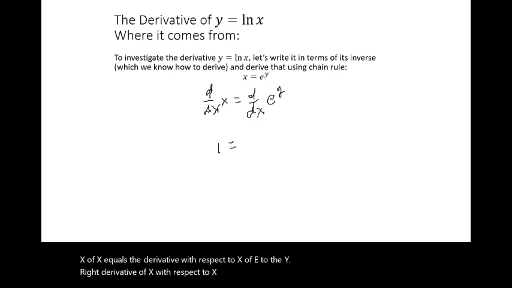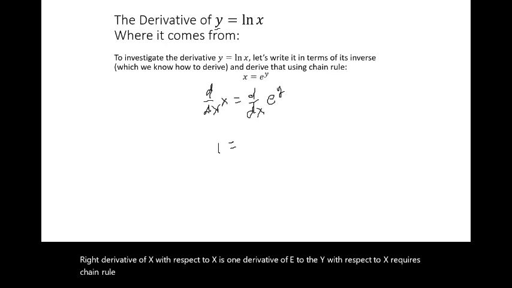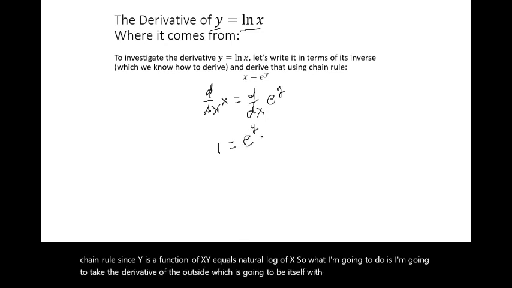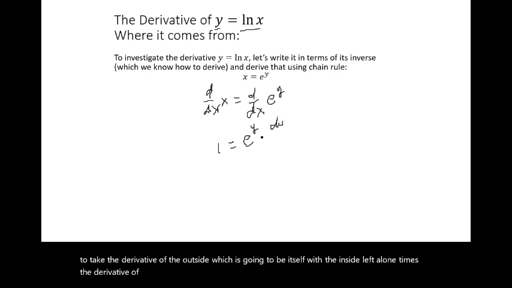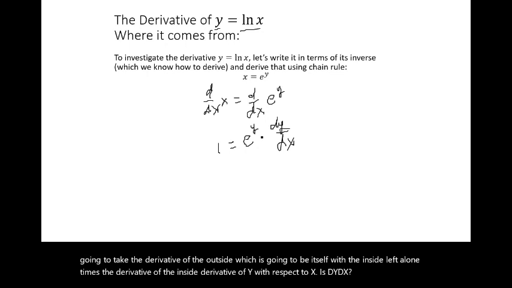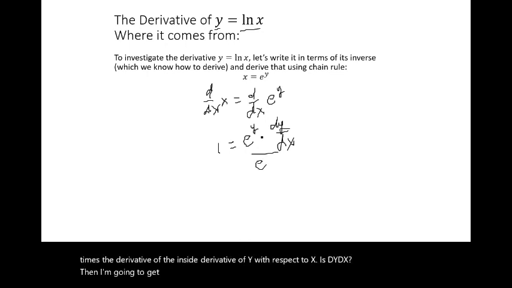The derivative of e to the y with respect to x requires the chain rule, since y is a function of x, y equals natural log of x. So I'm going to take the derivative of the outside, which is itself with the inside left alone, times the derivative of the inside, the derivative of y with respect to x, which is dy dx. Then I'm going to get dy dx by itself by dividing both sides by e to the y.